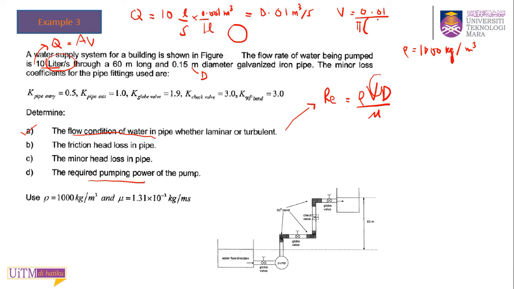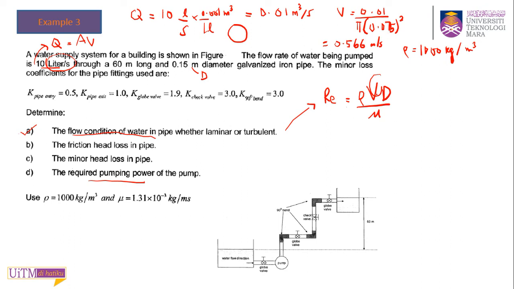So 0.15 divided by 2 is 0.075, squared, times pi, and this will give you the velocity of the flow, 0.566 meter per second.